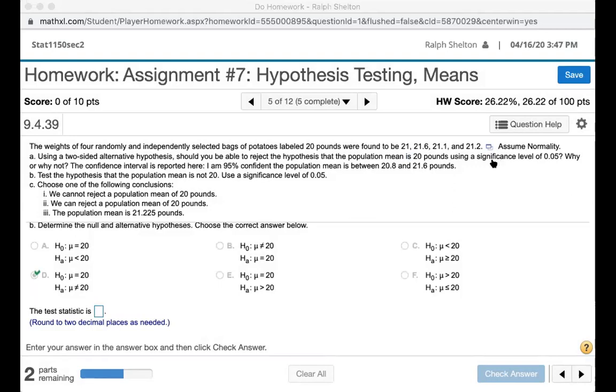It wants to know what t is for this data, and the formula for t. Let me go out here to the camera. I think I can go back and forth. Stop share. Select that.